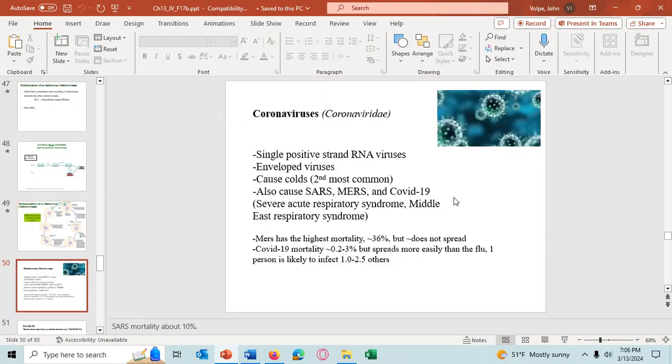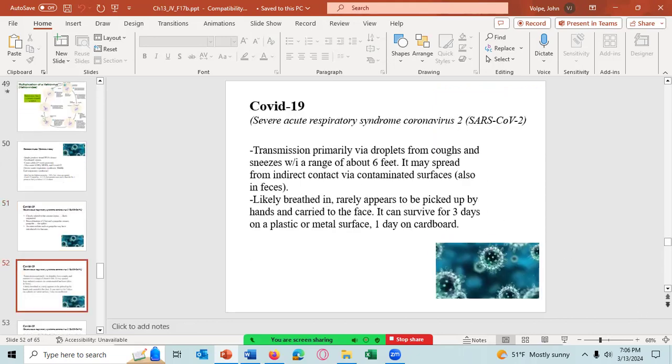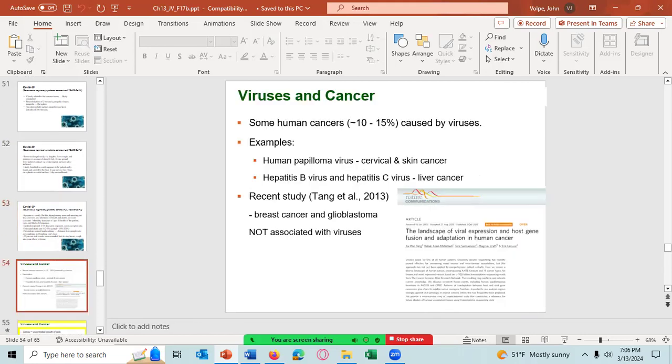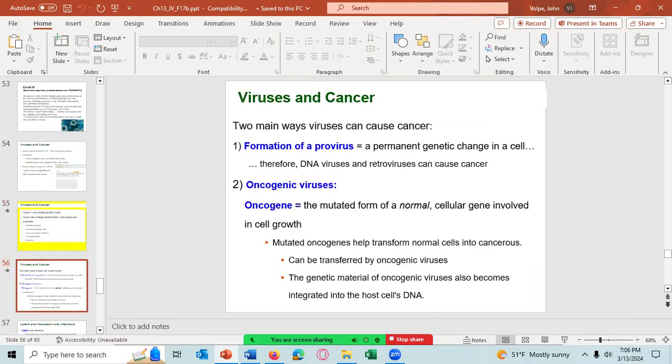Okay, you should know about COVID-19. It's a coronavirus. You should know that viruses can cause cancer by one of two ways: the formation of a provirus or by bringing in an oncogene to the cell.